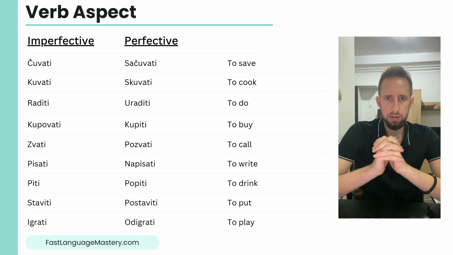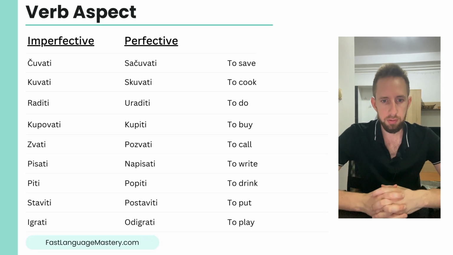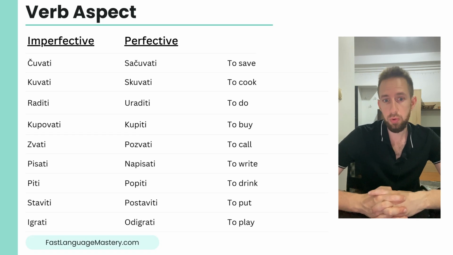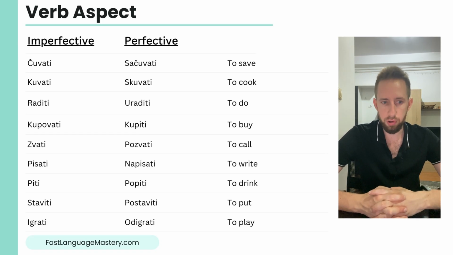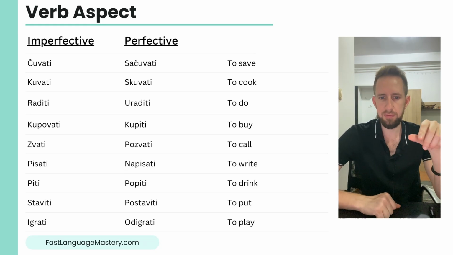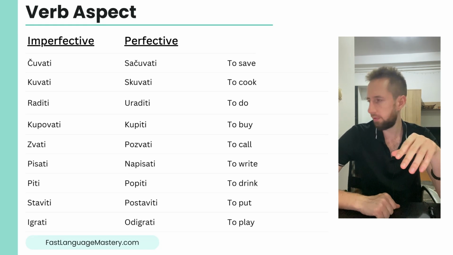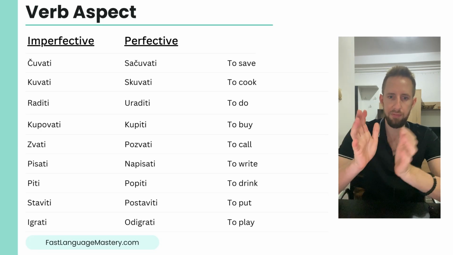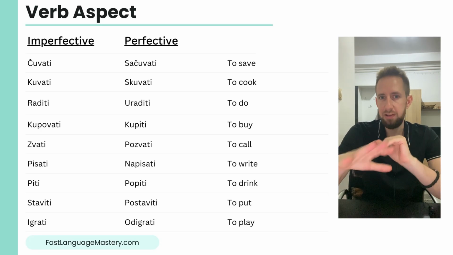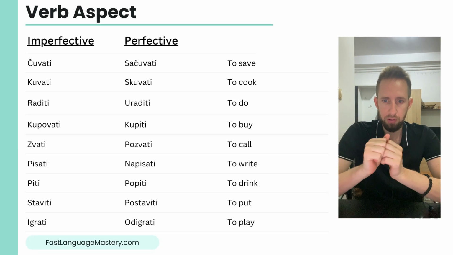So here are a few of them. Čuvati, sačuvati, it means to save. Kuvati, skuvati, to cook. Raditi or uraditi, to do or to work. Kupovati, kupiti, to buy. This is an example of a perfective form which doesn't have a prefix but has a slightly different form.